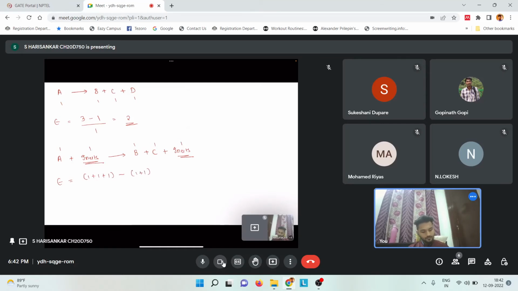This one represents B, this one represents C, this one represents inerts. And similarly, A and inerts, by 1 plus 1. So basically, this is 3 minus 2 by 2, and that is 0.5.